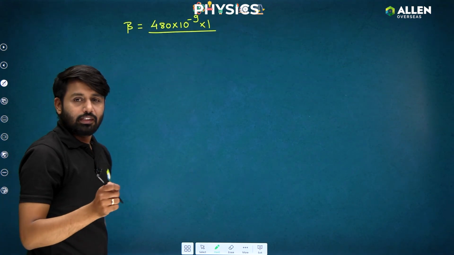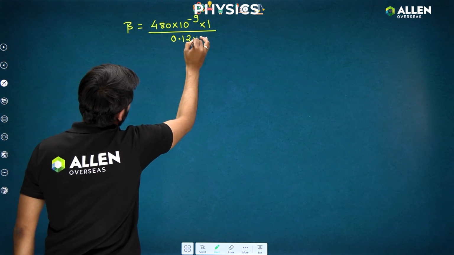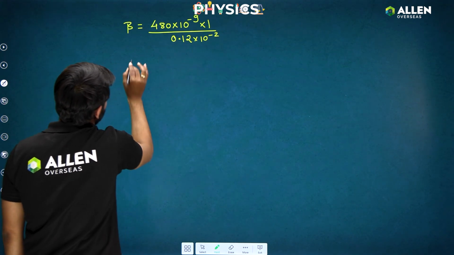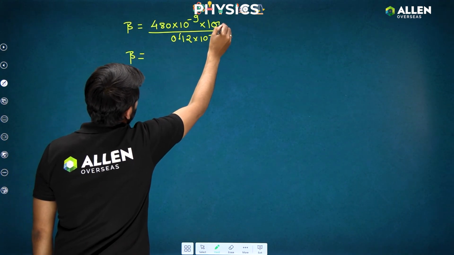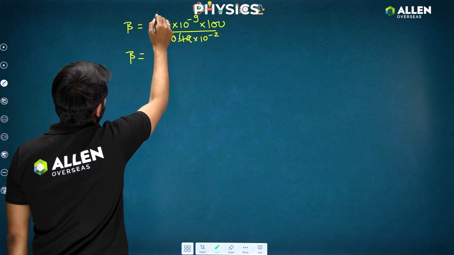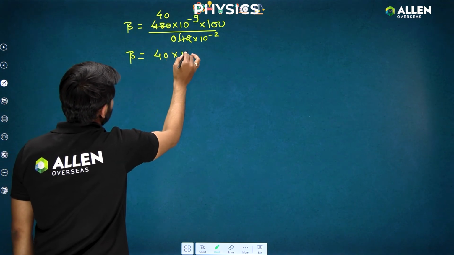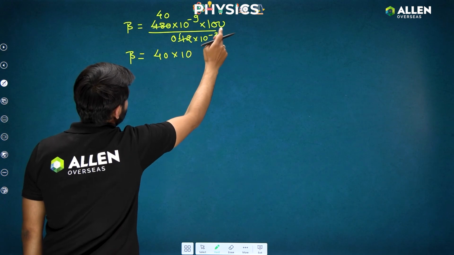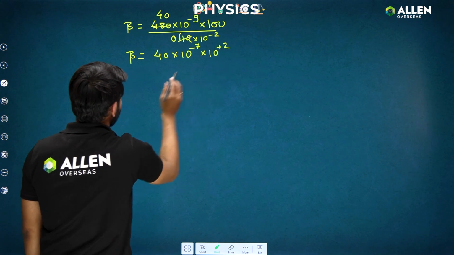Divided by small d. Small d is 0.12 centimeter. So let's convert this into meter by multiplying by 10 to the power minus 2. You can see here, we can remove these 2 zeros. Then this is 40. So 40 into 10 raised to the power minus 7, and this is plus 2, right?